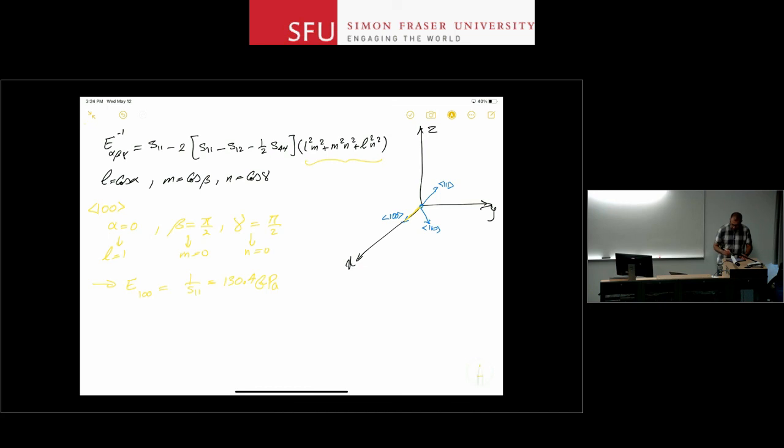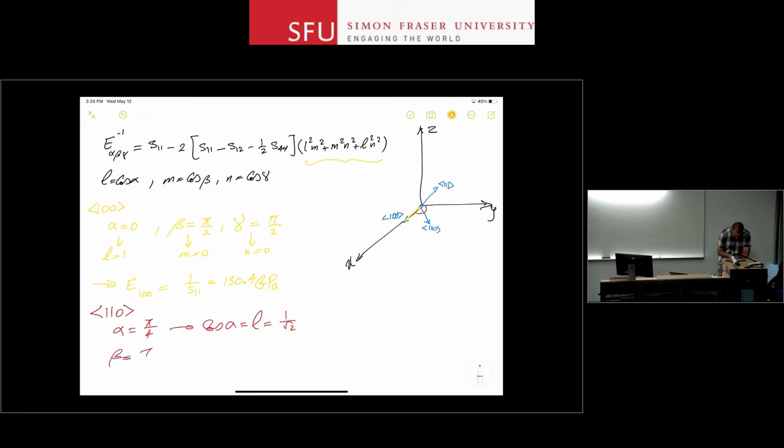In case of 110, what happens is that I look at alpha and beta, they are the same. I see that alpha is pi over 4, and therefore cosine alpha, or L, is going to be 1 over square root 2.